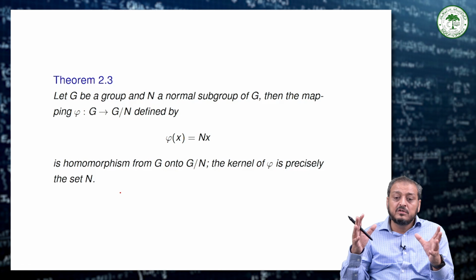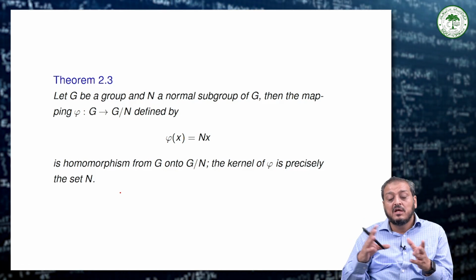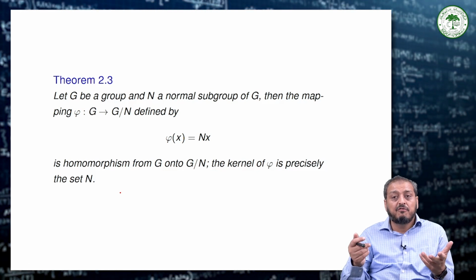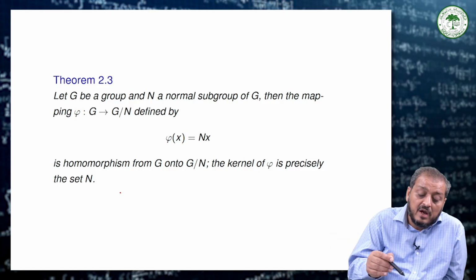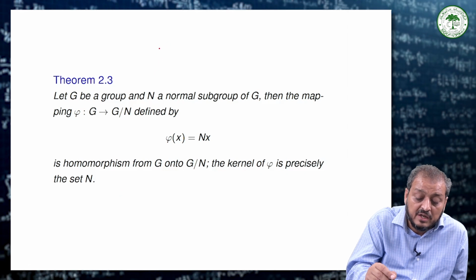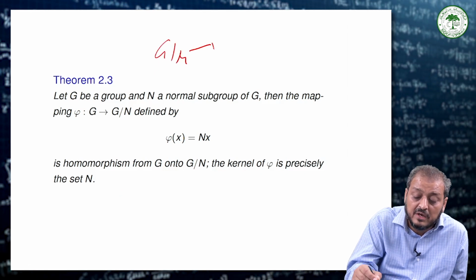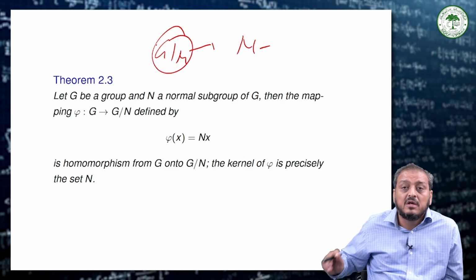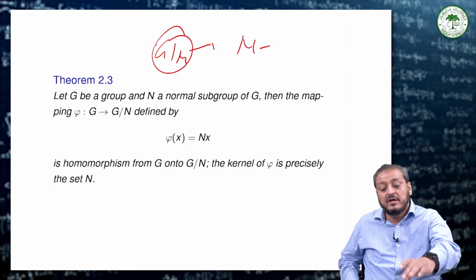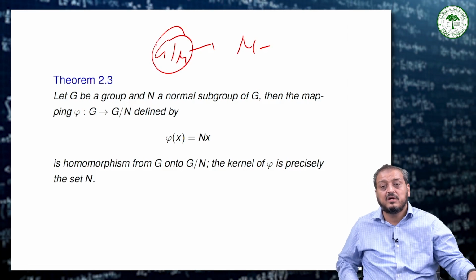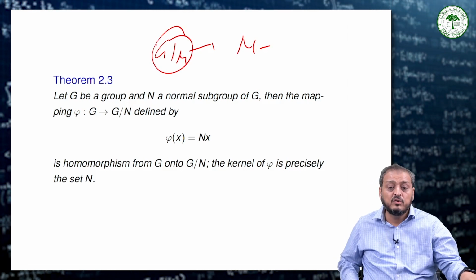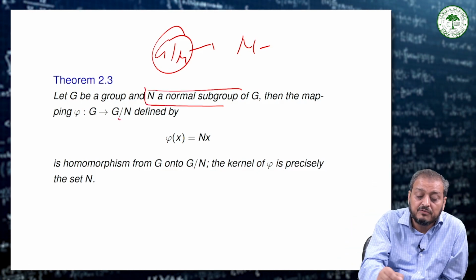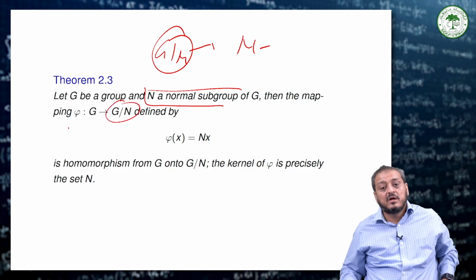The kernel of φ is precisely N, because we know that the kernel of φ is the set of elements mapping to the identity, and the identity element of G/N is N. So, we know that the identity element of this factor group is N. Because of the factor group we define, N should be a normal subgroup.